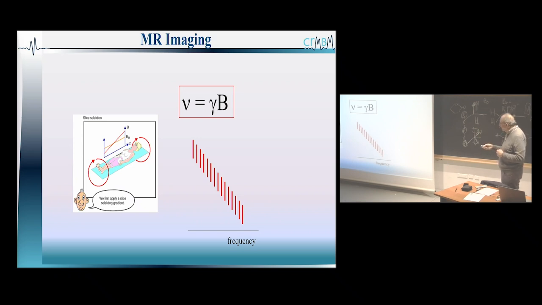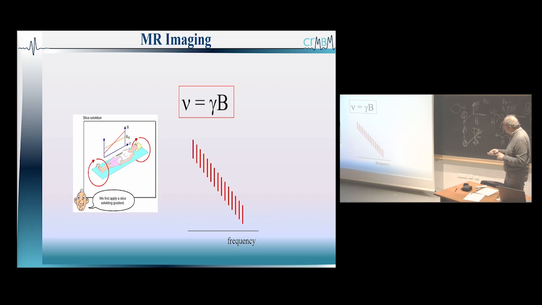So you imagine that, I don't know how, but water will have a given frequency at this position, but it will have another frequency at another position, and another frequency at another position. If I'm able to do this, then I record the spectra, but I know that the frequency is related to the position, so with the computer I can build an image. You agree with that?